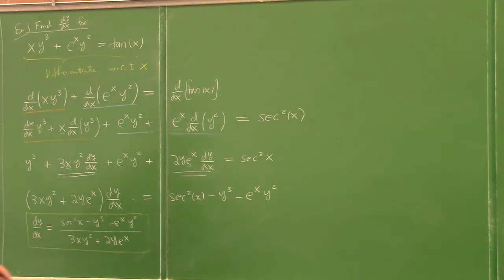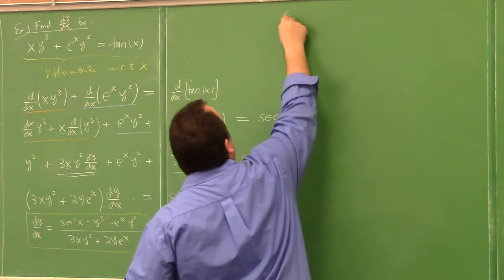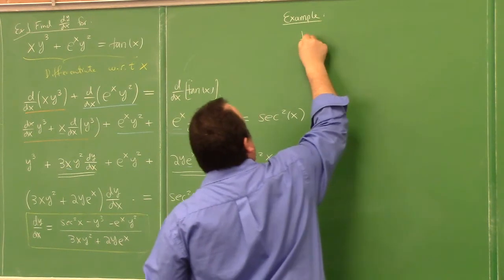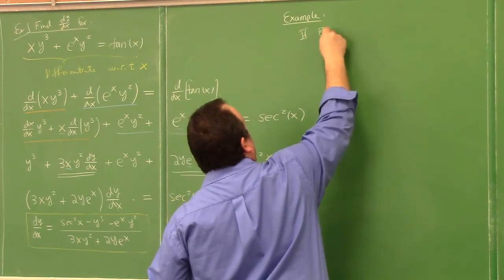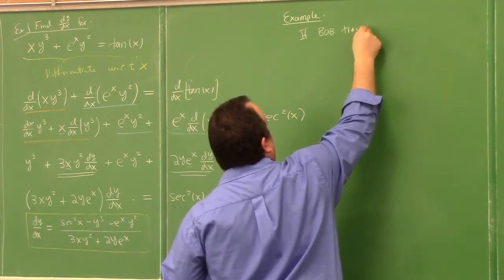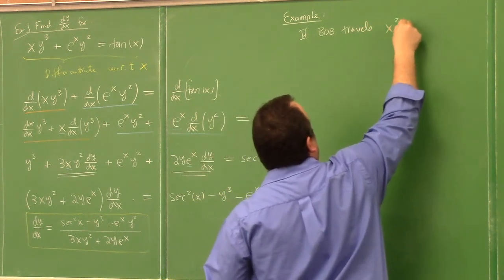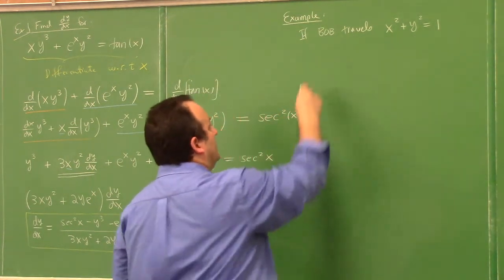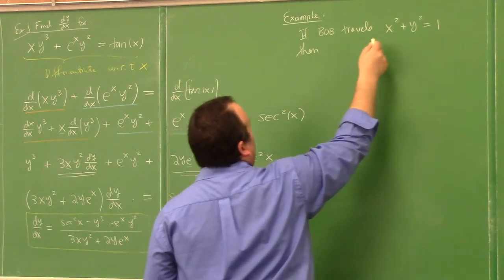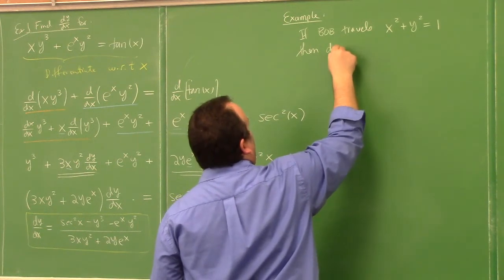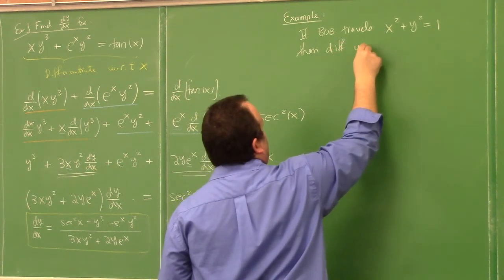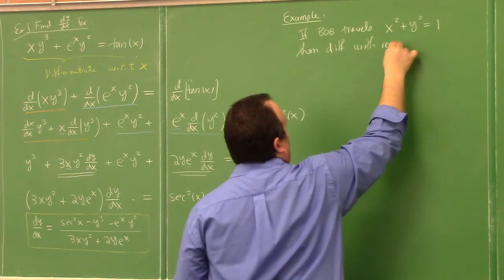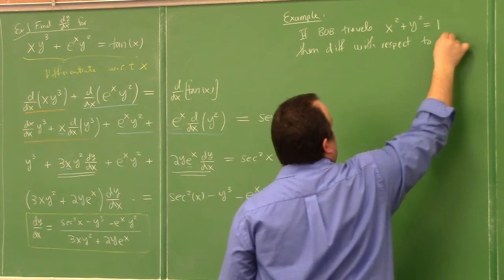That circle problem, it all really falls under the same umbrella of thinking. If Bob travels a circle, let's say x squared plus y squared equals 1, then differentiate with respect to t, right?